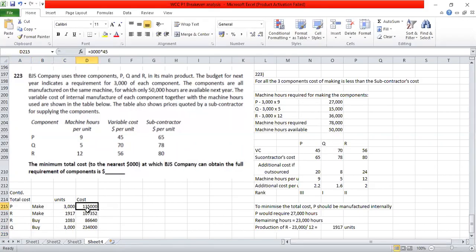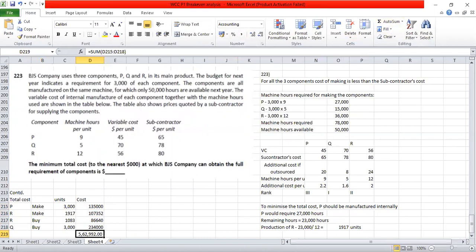So the minimum cost, the best possible cost which can be arrived at, is 562,992. That's the cost. I hope it is clear.